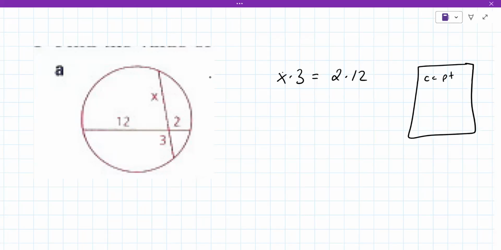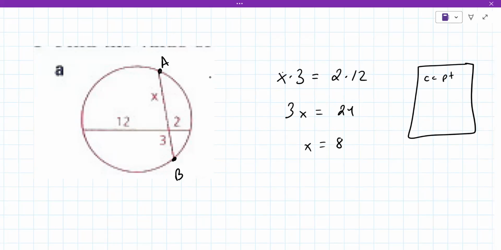Okay, so X would be 18. 3X equals 24, and X equals 8. Oh yeah, yes, never mind. I was looking at two different ones. I multiplied two different things. It's on the same chord. Got it.